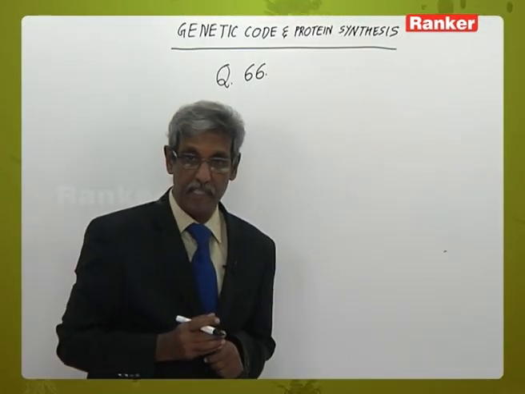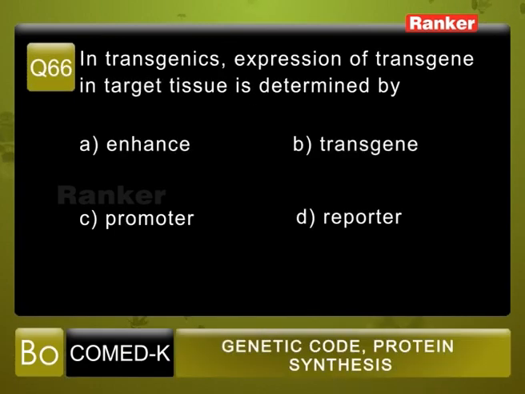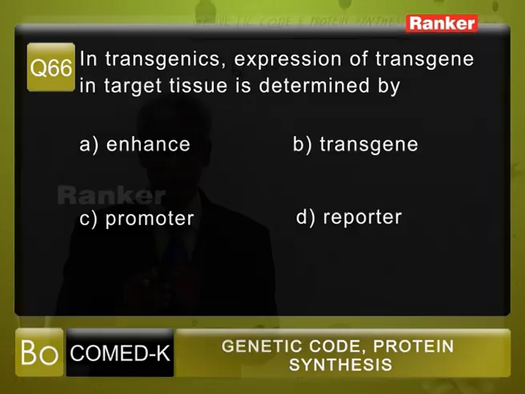We go to question number 66. In transgenics, expression of transgene in target tissues is determined by A. enhancer, B. transgene, C. promoter, D. reporter.